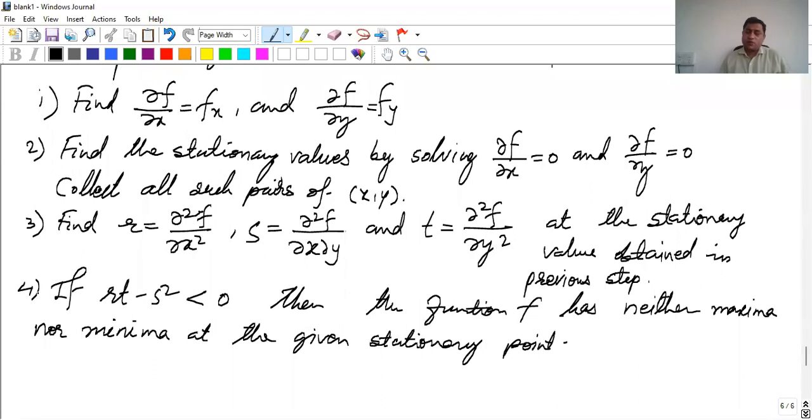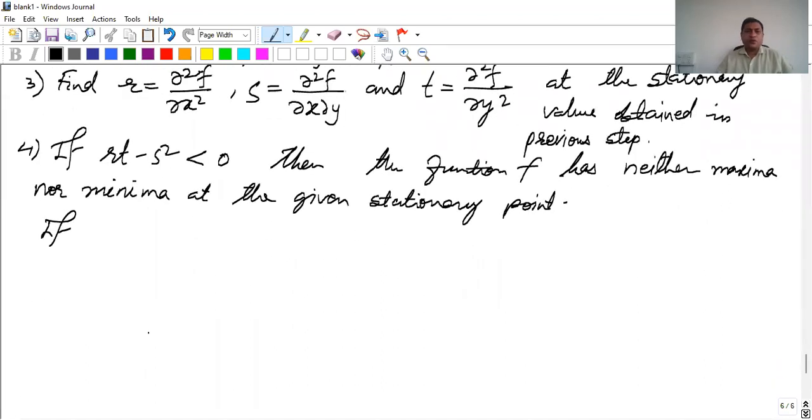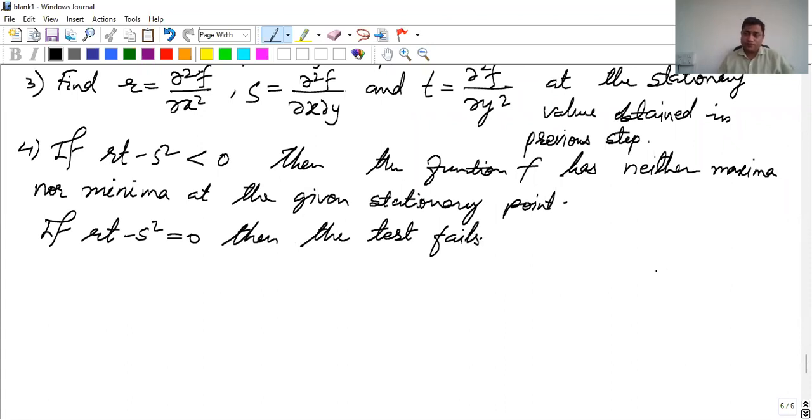So if RT minus S square is less than 0, then we cannot reach a conclusion. Next, if RT minus S square is equal to 0, then the test fails, and we need to investigate the higher order derivatives.